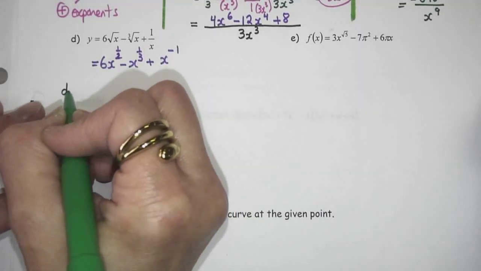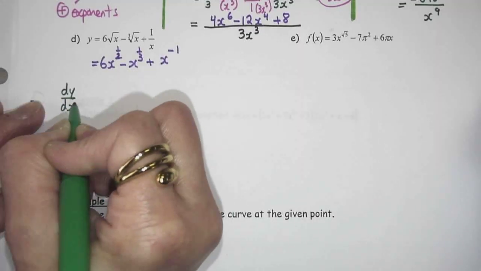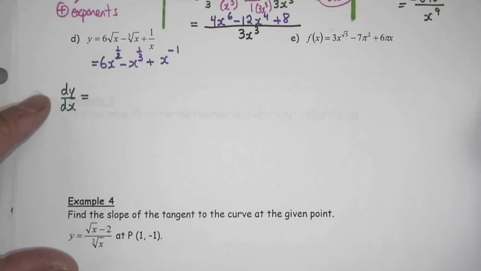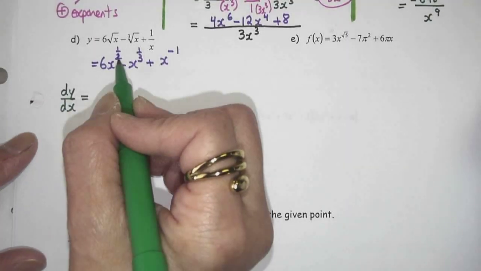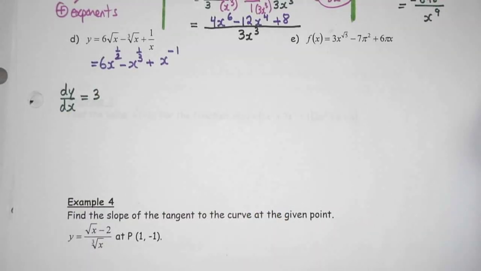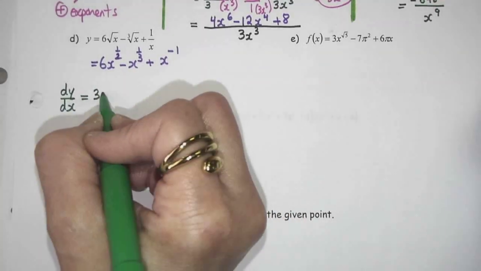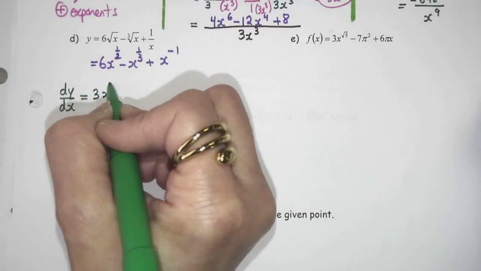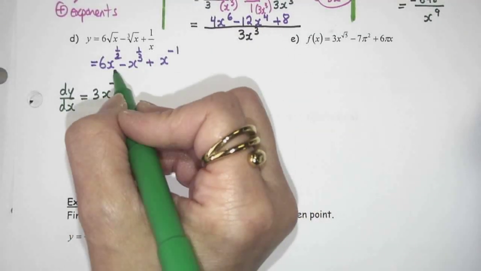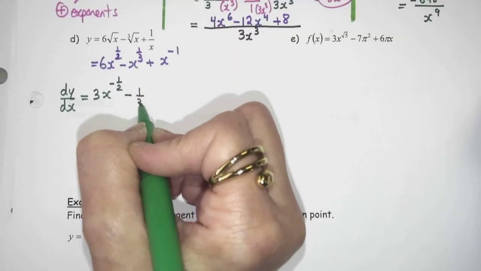Now dy by dx. So remember Leibniz notation. Okay, dy by dx. Okay, 1/2 times 6 is 3. X to the negative 1/2. We okay? 1/3 goes in front. Negative 1/3.